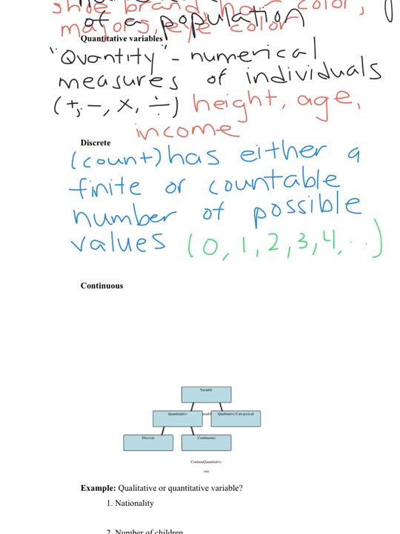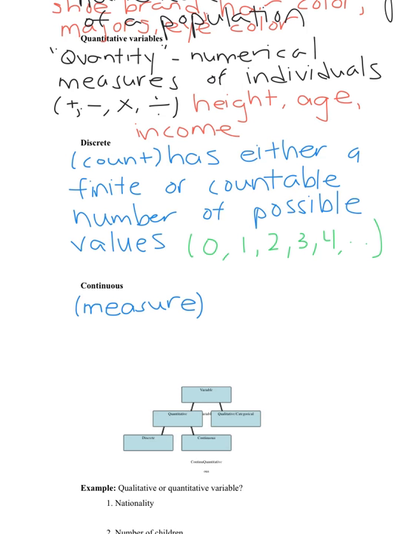And then a continuous quantitative variable is still a numerical measurement, and this one we're actually measuring. If you had to measure the length of a room, you can get more and more precise.